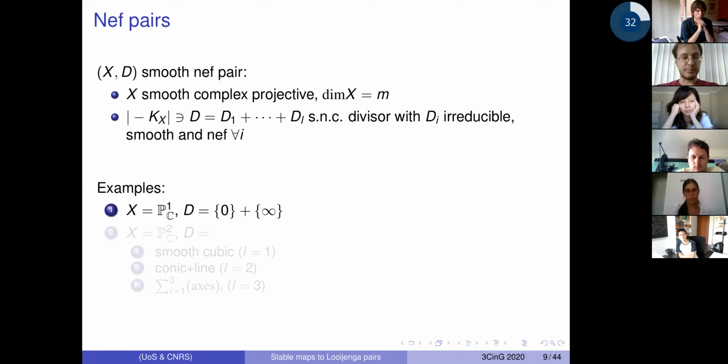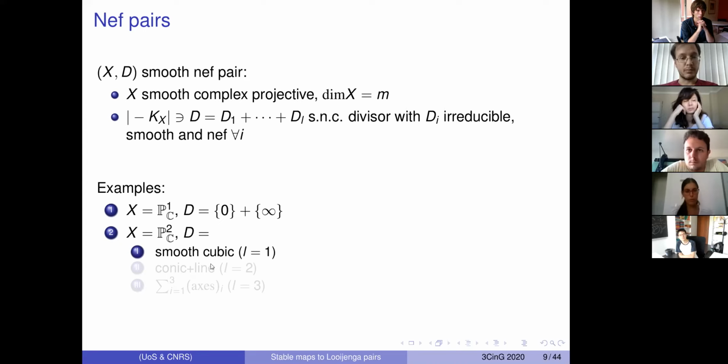So simple examples are, you can take X to be the complex projective line, and D just 0 and infinity. Or you can take X to be the plane, and D can be a smooth cubic. In this case, you have a single irreducible component, L equals 1.